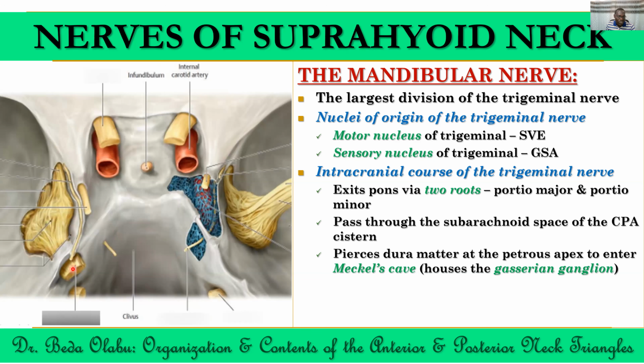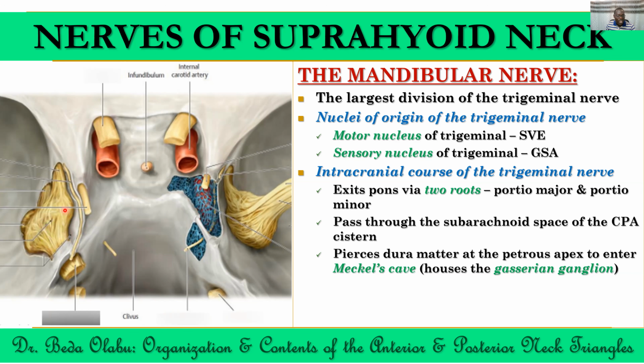So this shows you the point at which the nerve pierces the dura mater to enter this space. The roof has been removed so that you can see the cave, the trigeminal cave, also known as Meckel's cave.